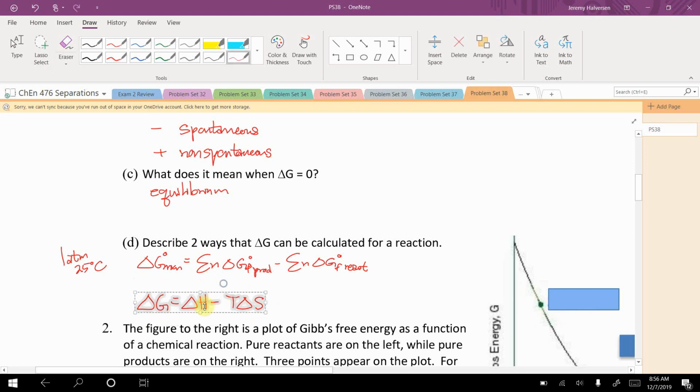The nice thing about this one is that we can choose the temperature, whereas this one has to be at standard state. So if you're ever asked, at what temperature does this become spontaneous, I can't use this one because it always refers to 25C, but I can use this one.